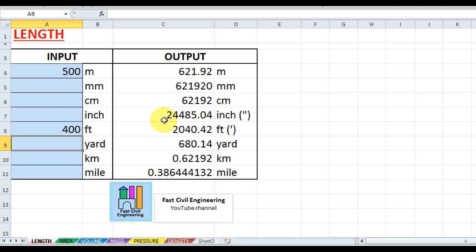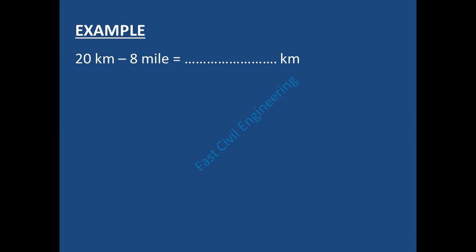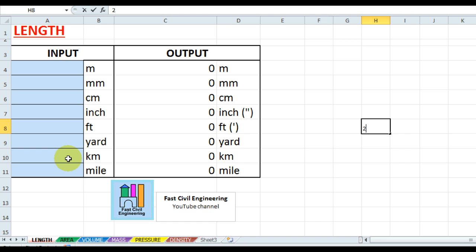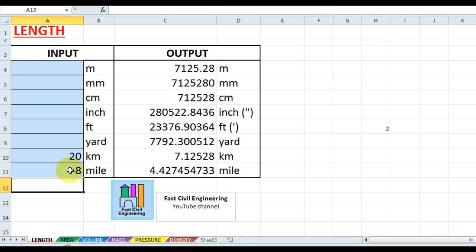Answer is equal to 24,485.04 inches. 20 kilometer minus 8 miles is equal to how many kilometer? Answer is 7.12528 kilometer.